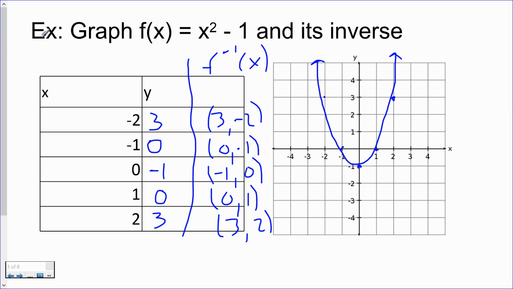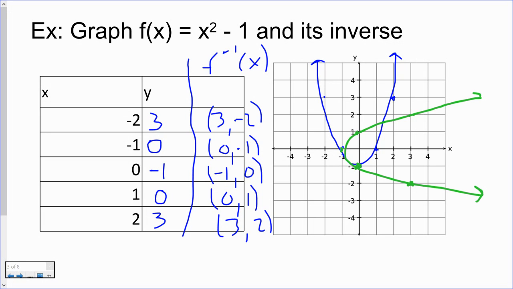So we had (3, -2), I'll put that down there. And then we had (0, -1), put that there. (-1, 0). (0, 1). And then (3, 2). And this function looks like that.